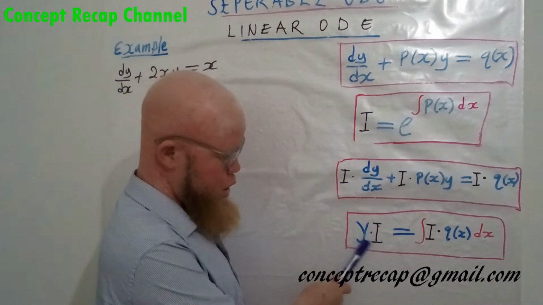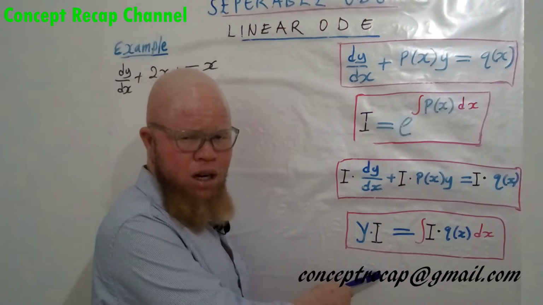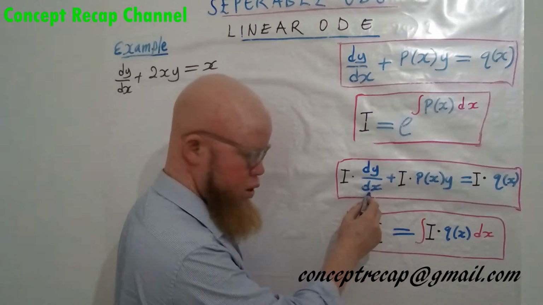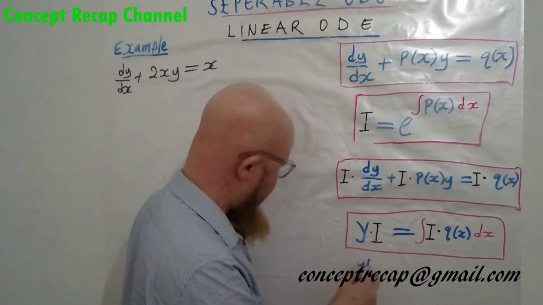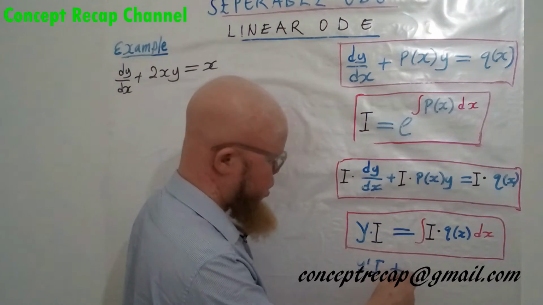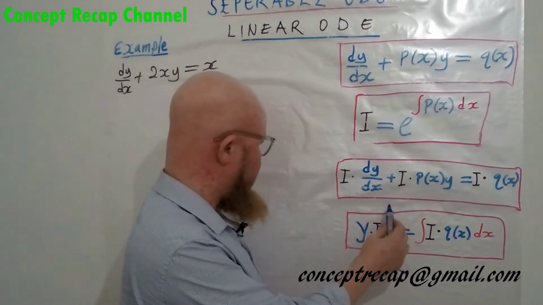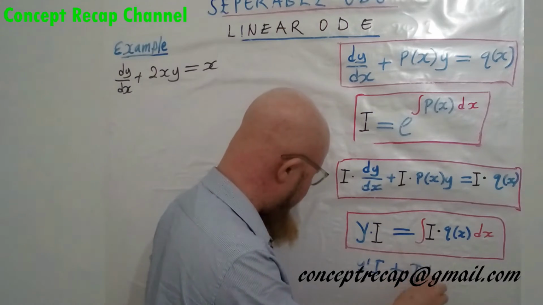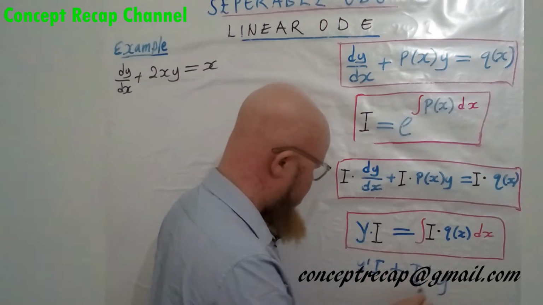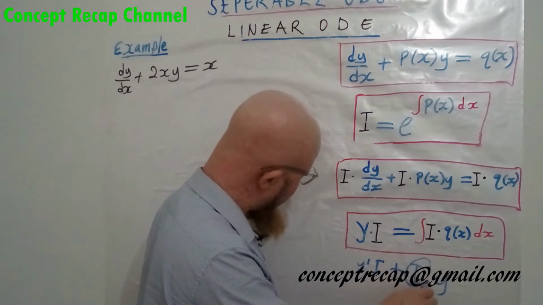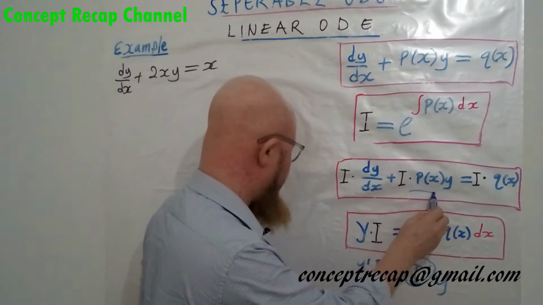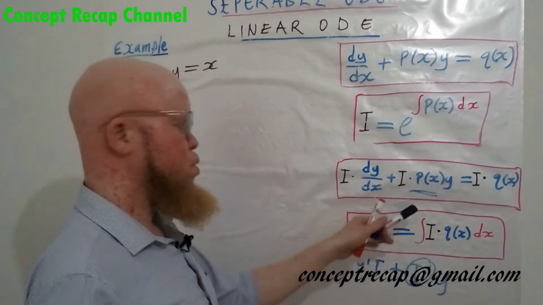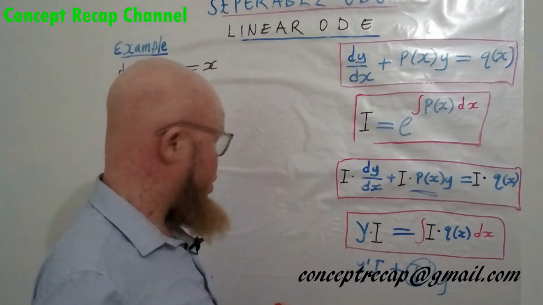For example, if you differentiate y, it will be dy/dx, so y prime, and you keep I, and you add. That's how you do the product rule. Then if you differentiate I, it will be I prime, and you keep y. So this I prime, the result will be I times p of x. That's how linear ordinary differential equations work. So this is where it's coming from.